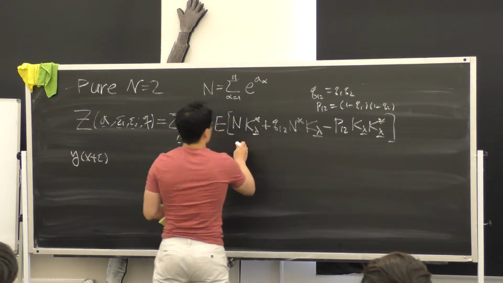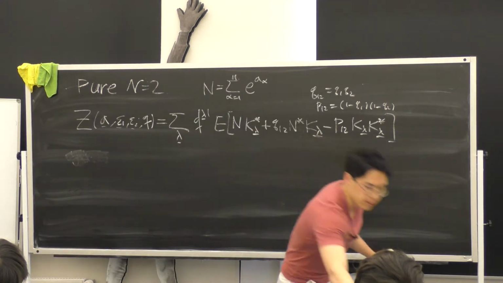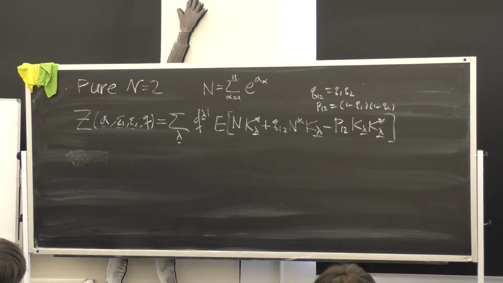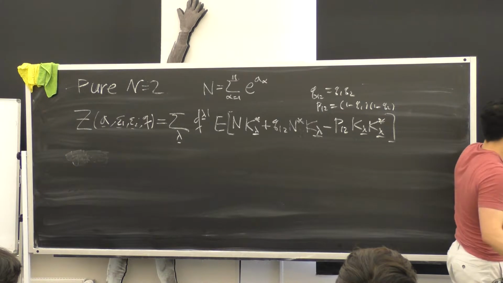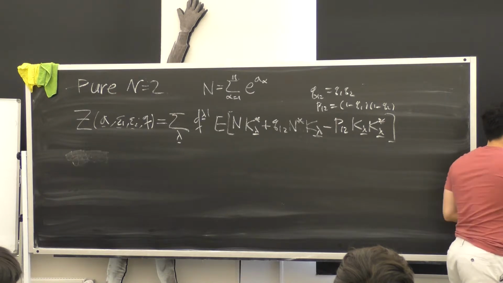And K at lambda is the sum over alpha from 1 to n, e to the a alpha, plus the sum over boxes in the Young diagram, e to the c box, where c box is (i minus 1) epsilon 1 plus (j minus 1) epsilon 2. So the vectors in K just carry this amount of charge, for each Young diagram lambda.